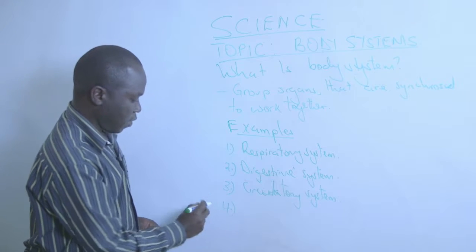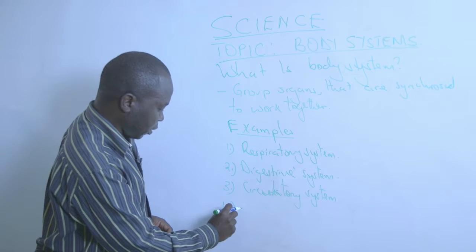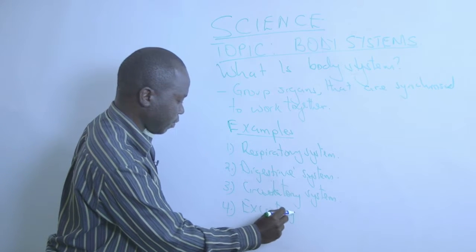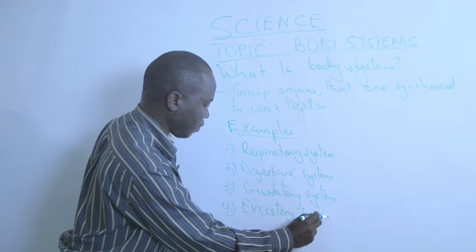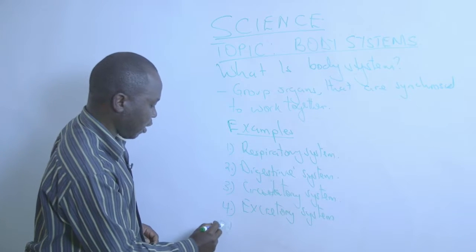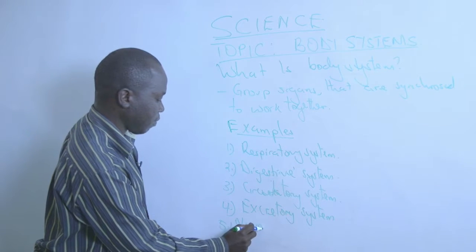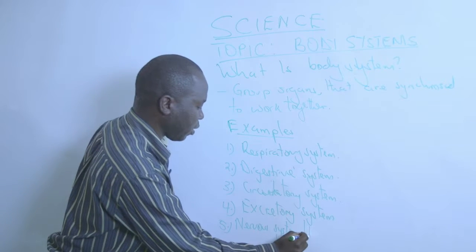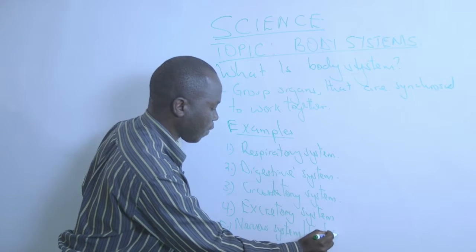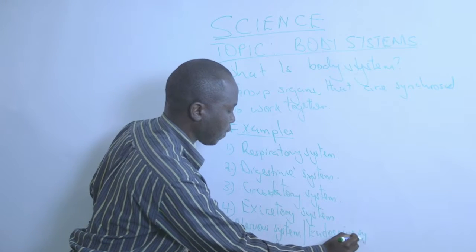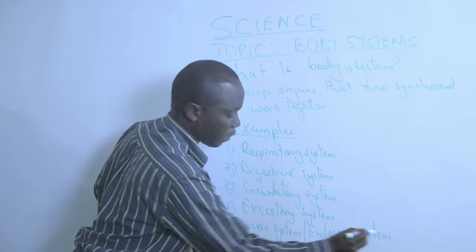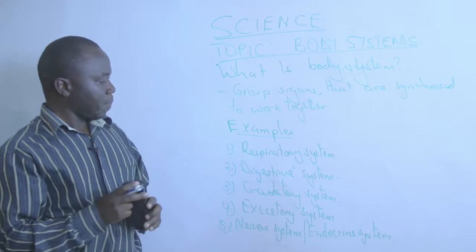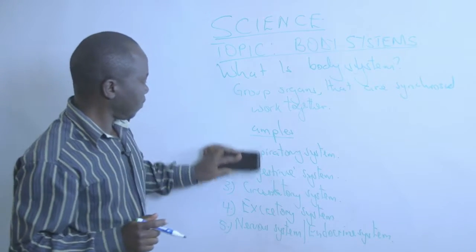Four, the excretory system. And others, the nervous system, which works together with the endocrine system. So we shall go to the first example, the respiratory system.